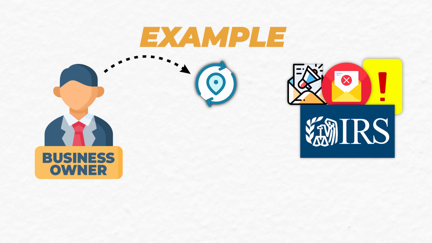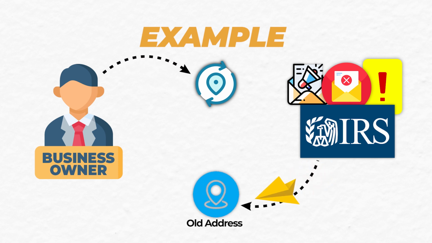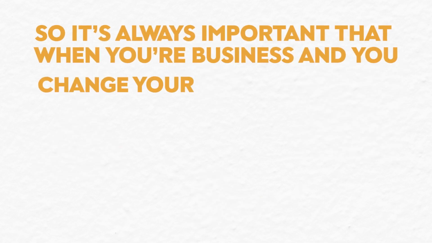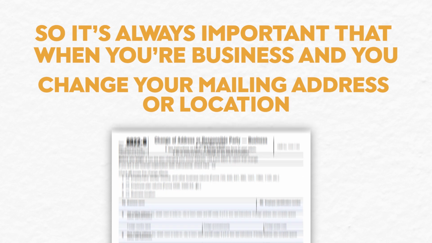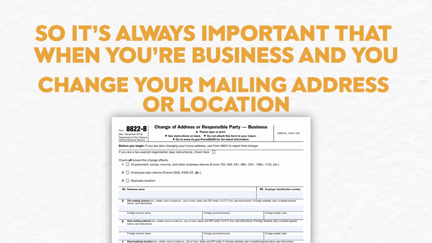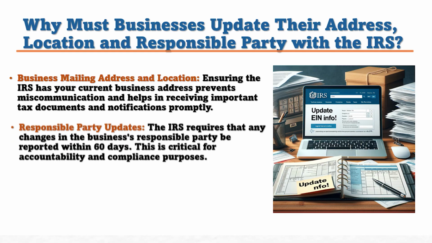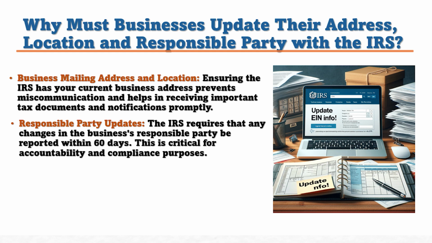But because you did not change the business address or the location information on time, the IRS may be sending that information to your old address, which leads to a lot of inconvenience and could cause you to miss certain important due dates and notices. So it's always important that when your business changes its mailing address or location, you use Form 8822-B to inform the IRS. Now, a responsible party update.